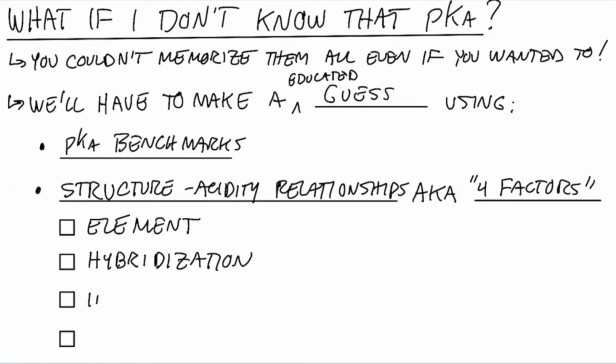The next one is induction, which may be a familiar term, but that's going to have to do with what else is nearby that can help draw electrons to itself. And the last one is resonance, which is sort of similar to induction in that it's talking about what's nearby that will help basically stabilize a charge. So we'll get more into those two toward the end.